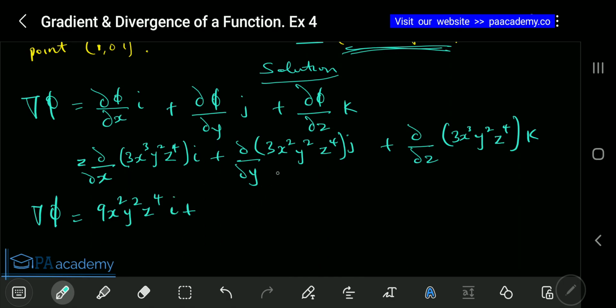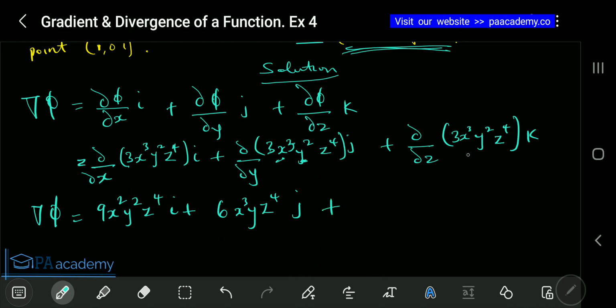Okay, so for this with respect to y, it's going to give us 6x cubed y z raised to power 4 j. Since we are differentiating y, y squared is 2y. So if you use the 2 to multiply the 3, that will give us 6. And then x cubed, so this is 3x cubed, and then z to the 4 will still remain.